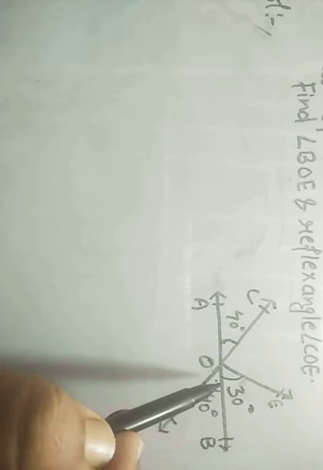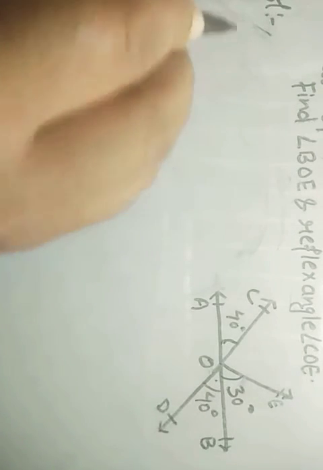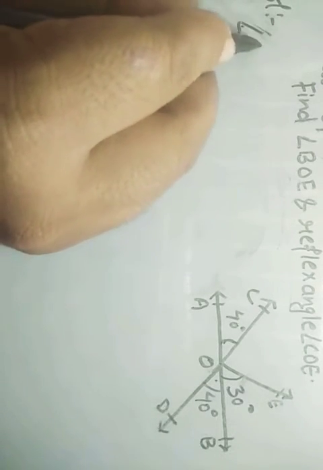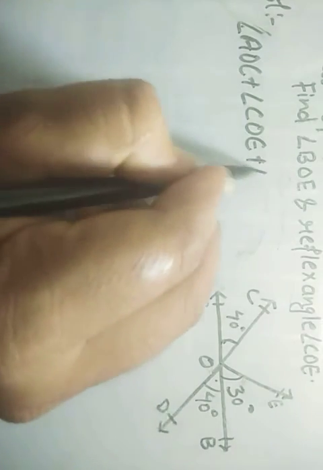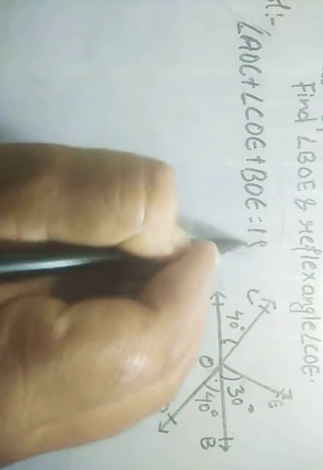It is also given that AB is a straight line. So angle AOC plus angle COE plus angle BOE is equal to 180 degrees. Why are they 180 degrees? Because they form a linear pair.